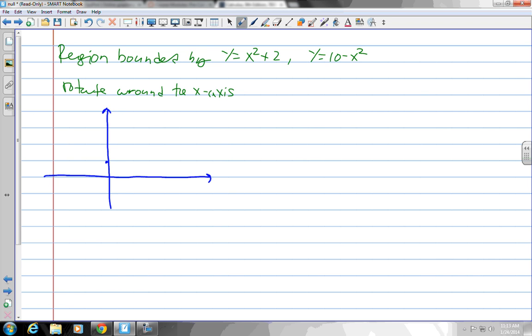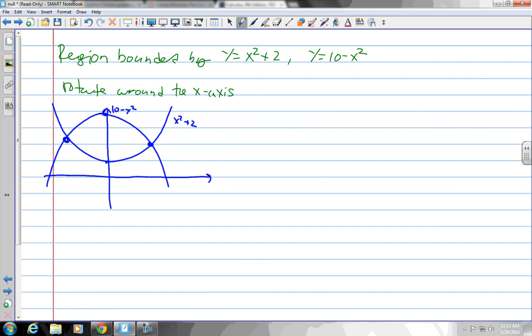So x squared plus 2 is something like this, and 10 minus x squared is something like that. And rotating around the x.